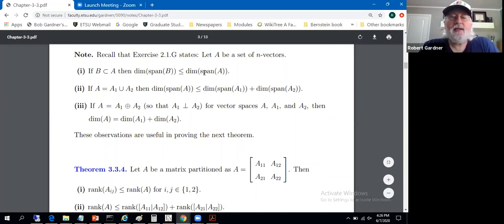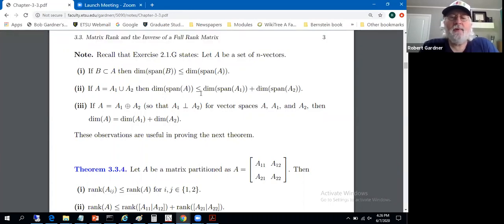If I take a given set of vectors A and break it into two pieces, say A1 union A2, the claim is the dimension of the span is less than or equal to the dimension of the span of A1 plus the dimension of the span of A2. When do you think you get equality? Gee, talking dimensions, probably something about linear independence. I'd expect to be able to add dimensions when we get linear independence somewhere in the conversation.